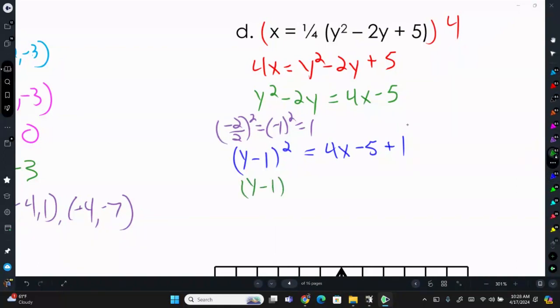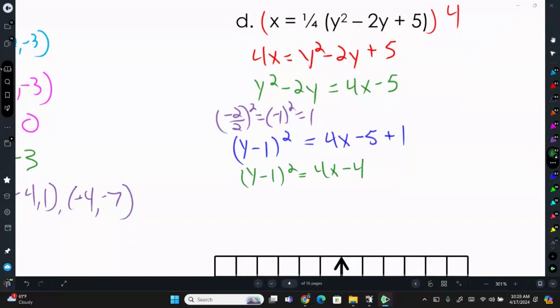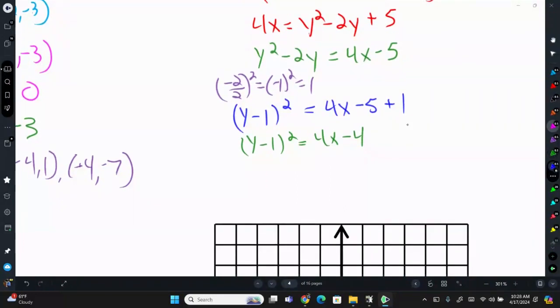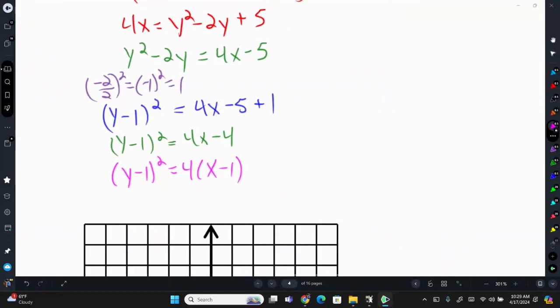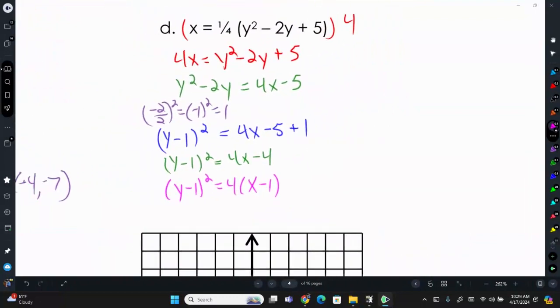So y minus 1 squared equals 4x minus 4. And we can factor out a 4 from the left side. So y minus 1 squared equals 4 times x minus 1. So now we have our center available. So our center is our vertex. Our vertex is 1, comma 1.